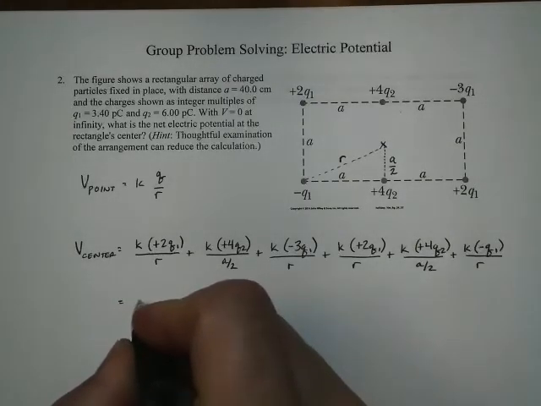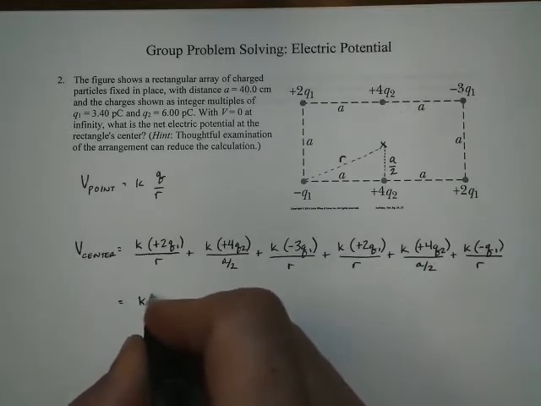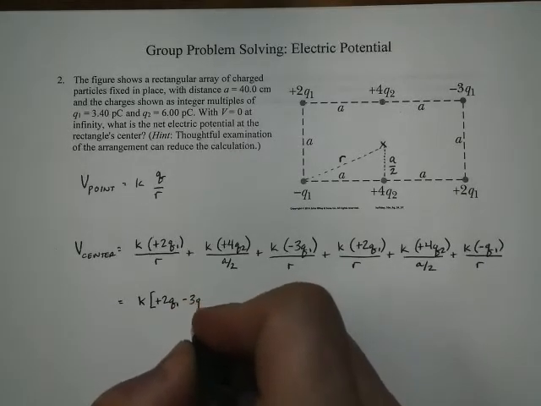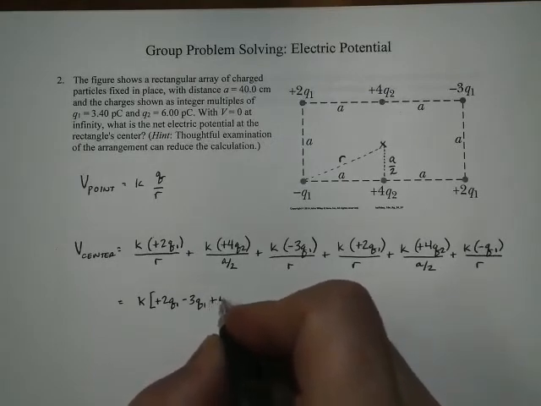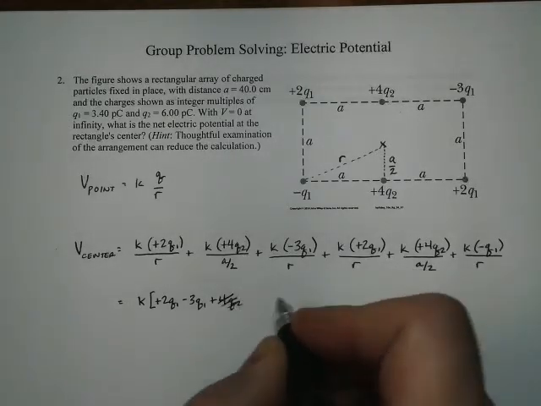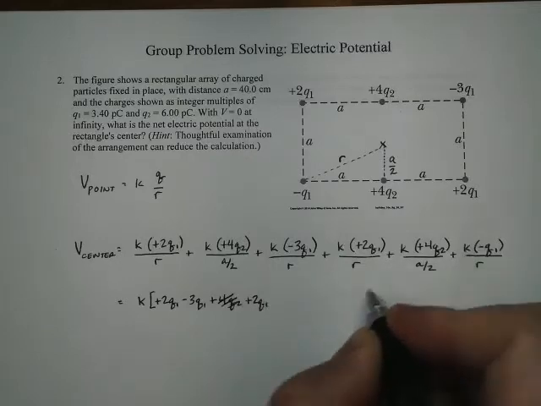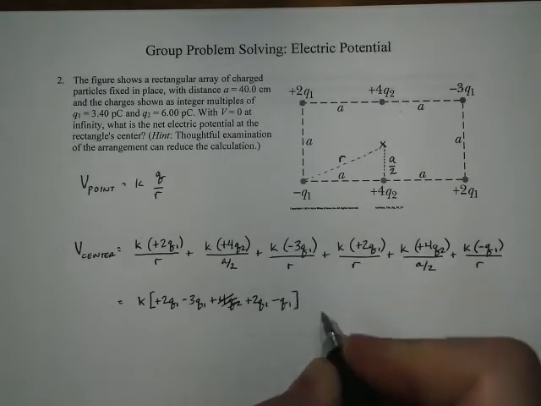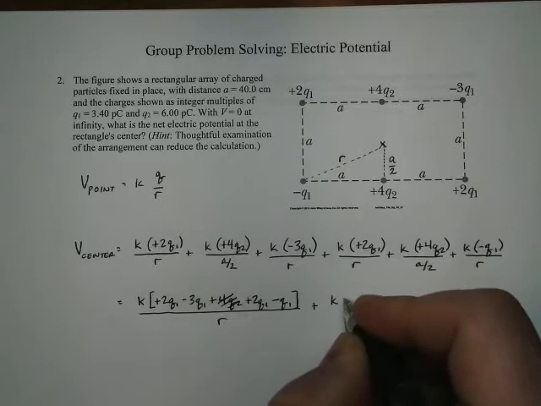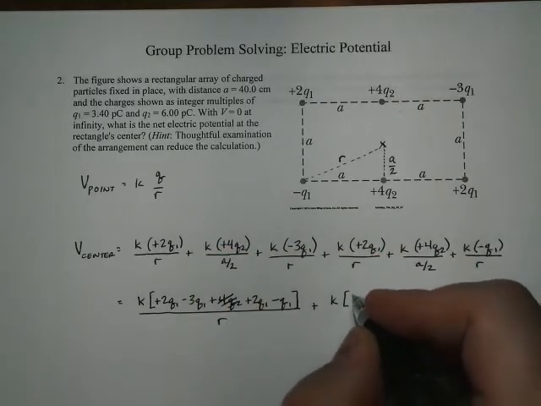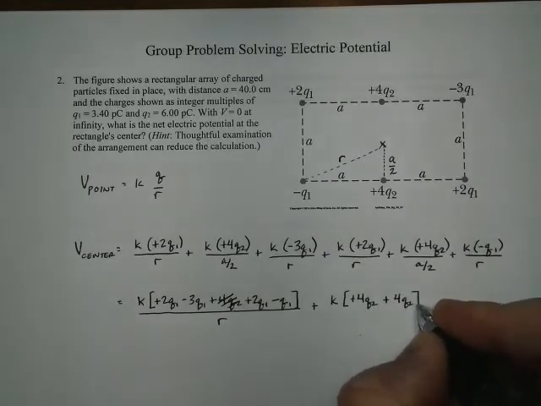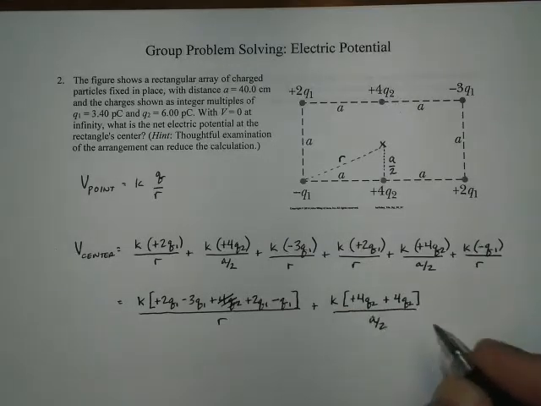So I could rewrite this as K times, and then I've got plus 2 Q1 minus 3 Q1 plus 2 Q1 minus Q1, and that's all over R, plus K, and then I'm going to get the ones that are over A over 2, so that's plus 4 Q2, and another plus 4 Q2, and their distance is A over 2.